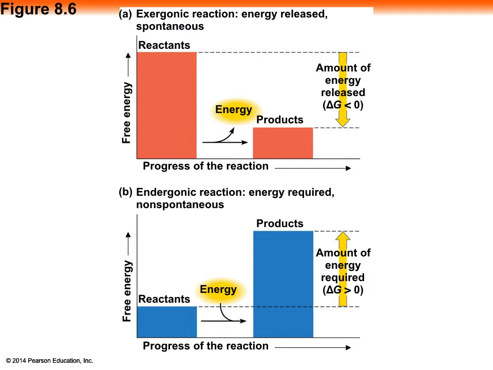Would this be an example of a spontaneous reaction or non-spontaneous? Is this an example of the person jumping off the diving board, or a person climbing up the ladder? The answer is jumping off the diving board, having less free energy at the very end. But they get out energy.